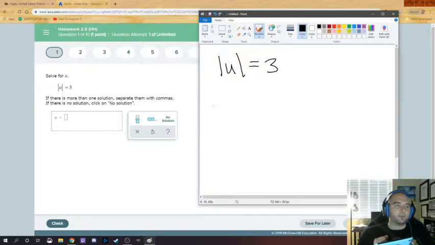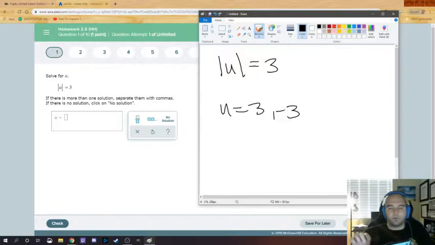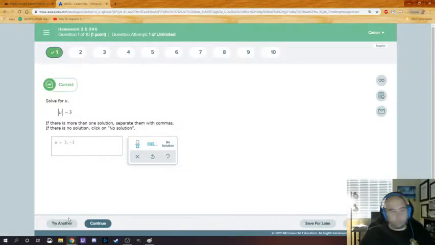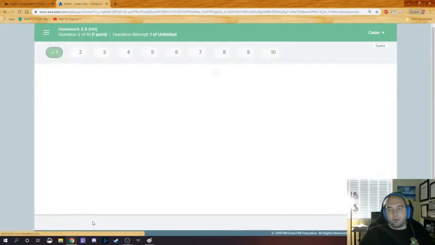And with all absolute value equations, with some rare exceptions, there's probably going to be 2 answers. So here the answers are just 3 and negative 3. You can write it from least to greatest, or whatever order. You have to make sure you put both, though. They both apply. The absolute value of 3 is 3. The absolute value of negative 3 is 3. That's it.